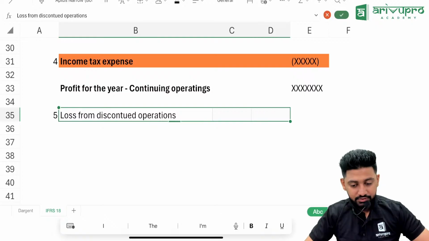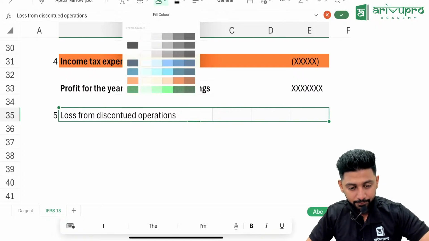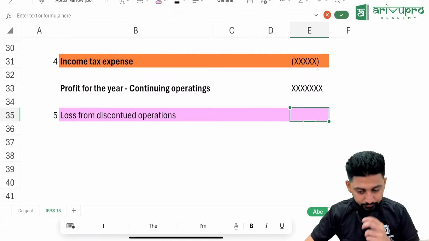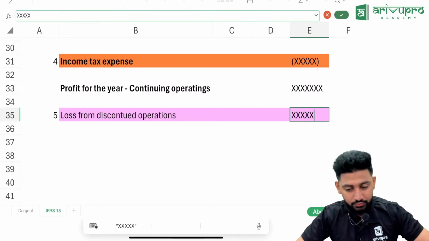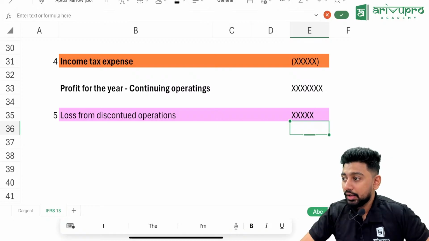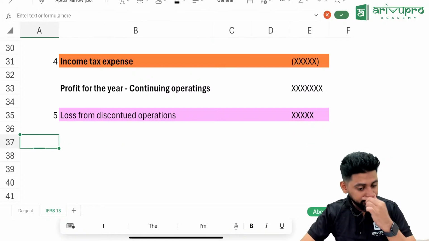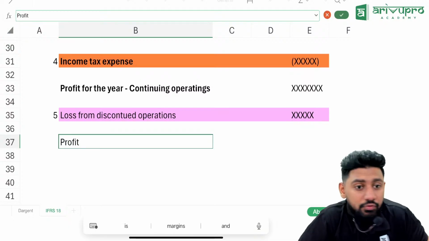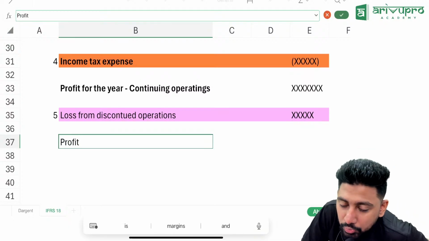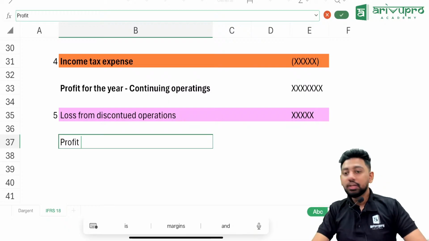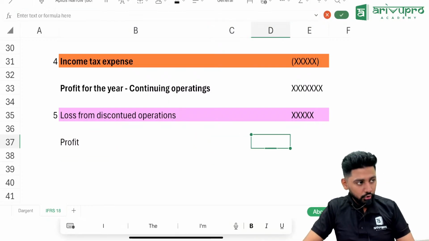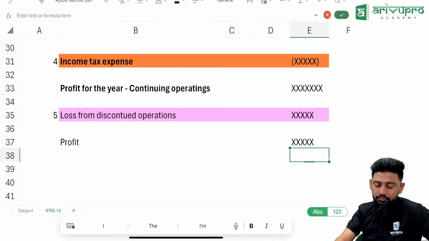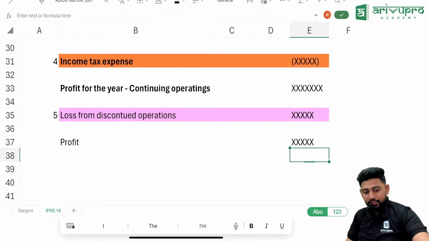I'm going to present it separately. Are we clear? And finally I'll have my profit for the period, which is now known as just profit. If it's loss for the period, it is now known as just loss. Are we clear? Understood? This is my presentation.